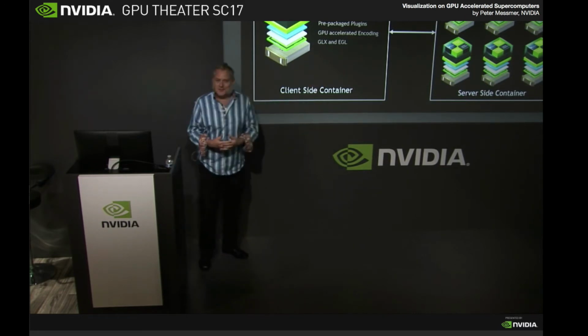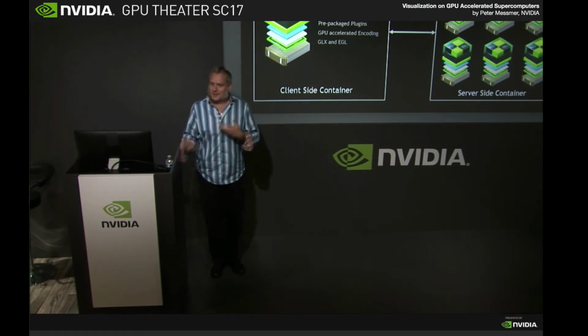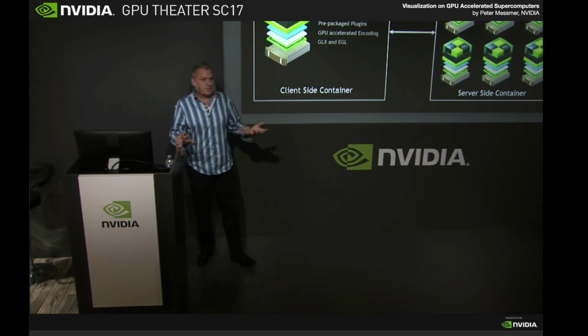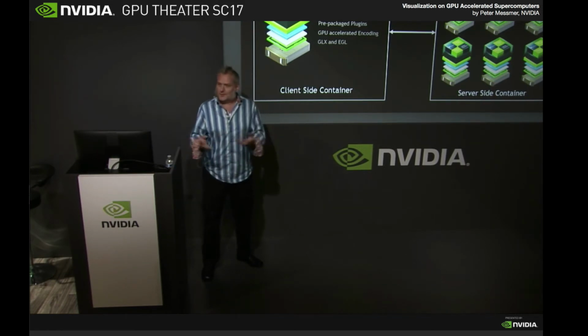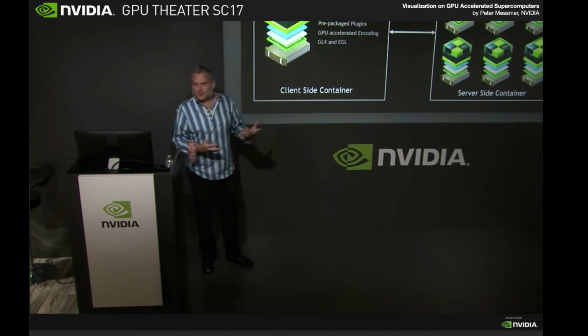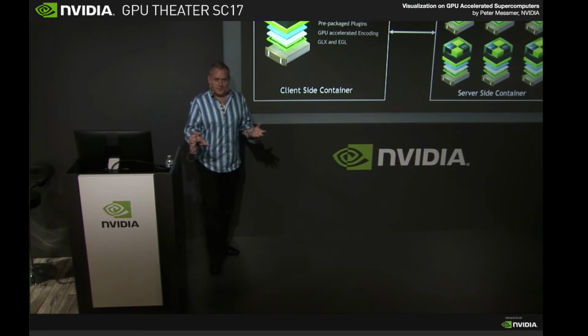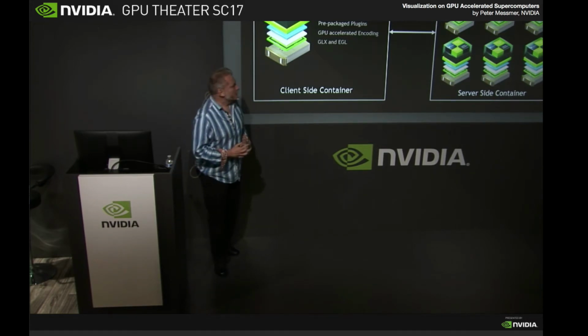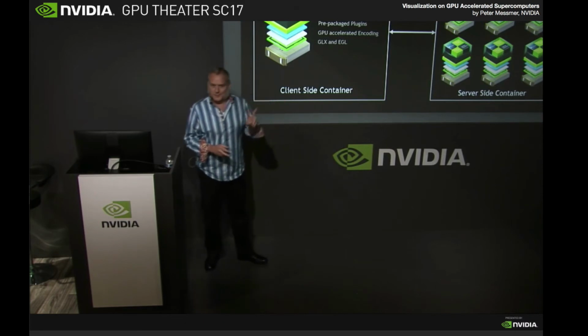For visualization, it's different. You eventually want to see pictures and you want to have interaction. For those of you who know ParaView, you know that you have a server-side component and a client-side component. So if you want to set up ParaView on top of containers, you actually need two containers, right?